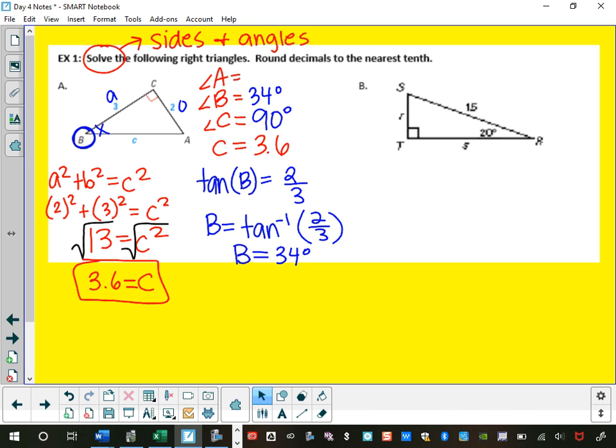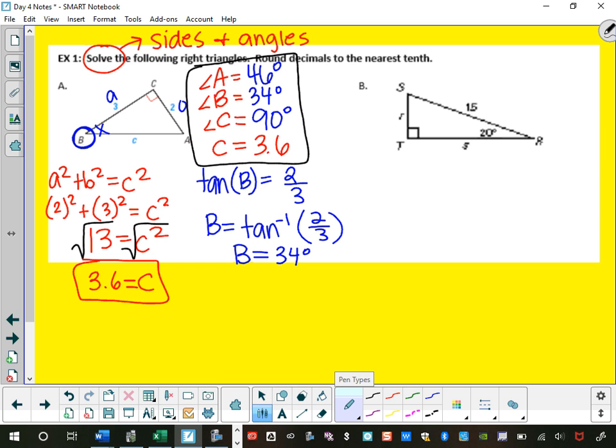What do you get for measure A? 56 degrees. Let me double check. Yeah, you're right, 56. So we saved ourselves a bunch of time because I didn't have to do trig again. If I have two angles, I have a third angle.